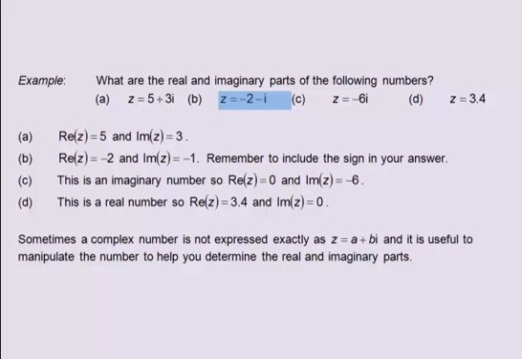B, z equals minus 2 minus i. C, z equals minus 6i. D, z equals 3.4. In part A, the real part of z equals 5 and the imaginary part of z equals 3.